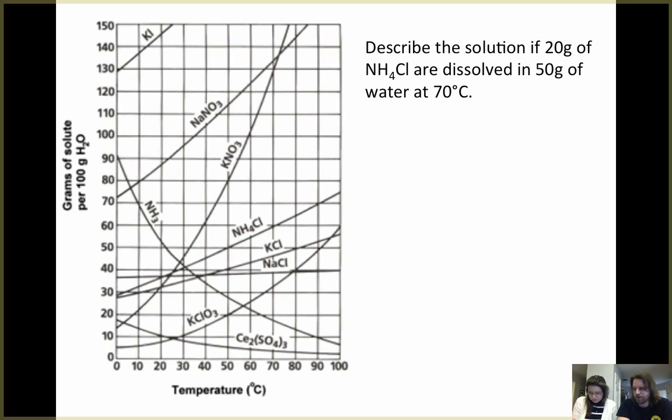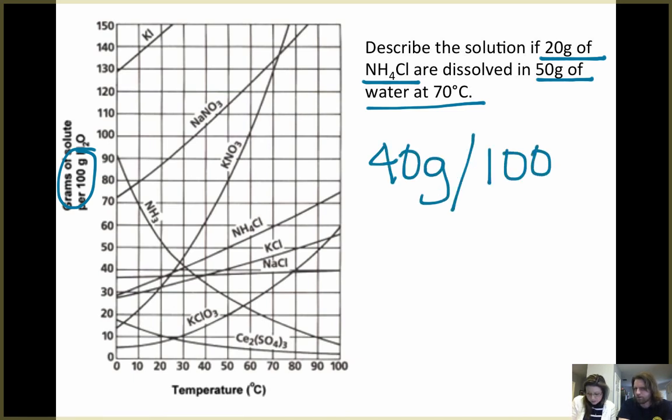All right, let's do one more. Speaking of reading the question carefully, here's one: 20 grams of ammonium chloride in 50 grams of water. Remember, our curve is based on 100 grams of water. You can still use the same curve, but it can only take half as much. 50 is half of 100, so if 20 grams is dissolved in 50, that means it would be 40 grams per 100 grams of H2O.